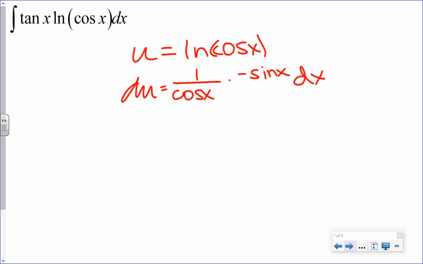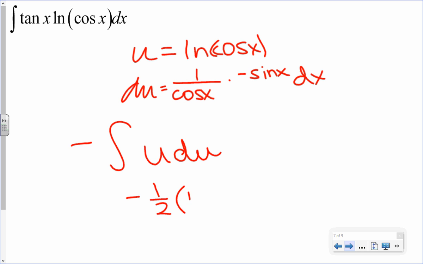Oh, look at that. What is that? That's negative tangent, isn't it? So we have negative integral of u du. That seems too easy, right? That threw me off. So negative 1/2 u squared plus C. Awkward, right? Completely awkward.